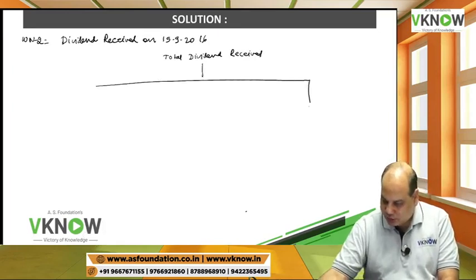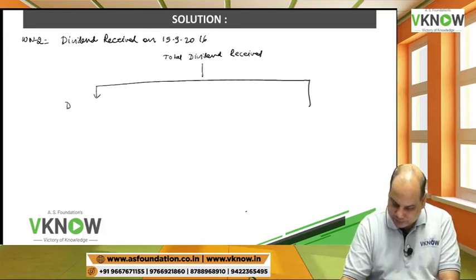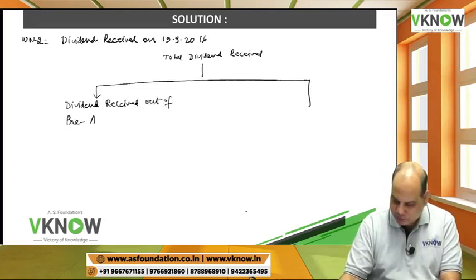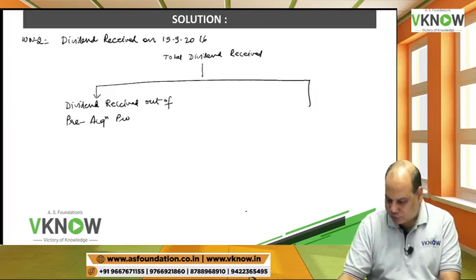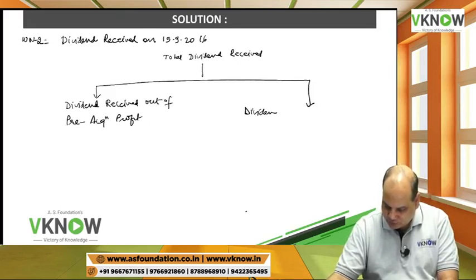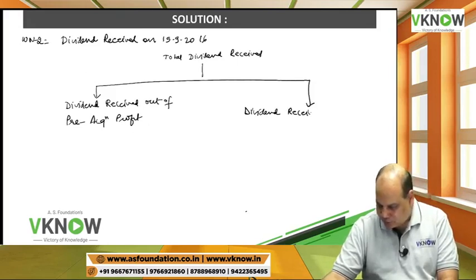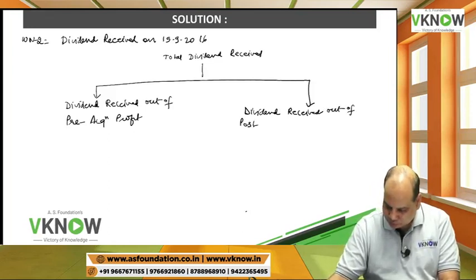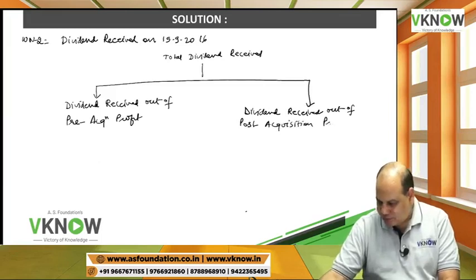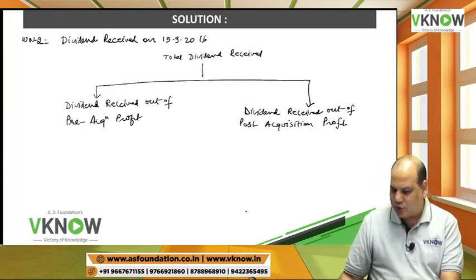And this I have to divide into two parts: dividend received out of pre-acquisition profit, and second, dividend received out of post-acquisition profit. Keep writing. First you write down the format, then I'm going to ask you 3 questions.